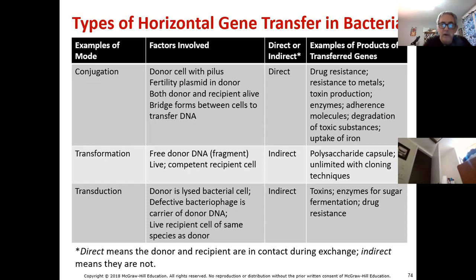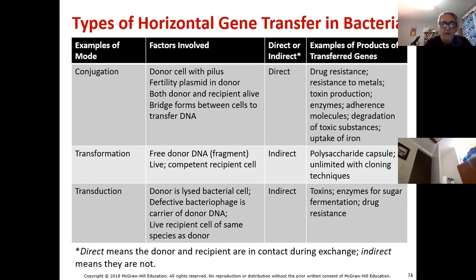Transformation was an early process that was identified when a researcher was looking at some bacteria that were virulent, caused pneumonia, and some that weren't. It turned out the virulent ones had a gene to make a capsule, which helps protect the bacteria from phagocytosis.